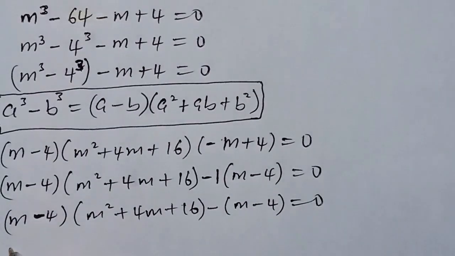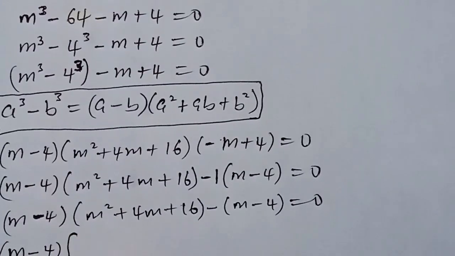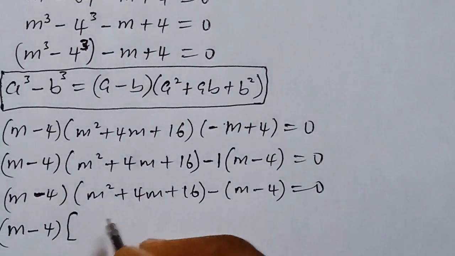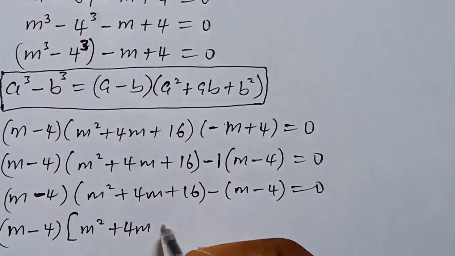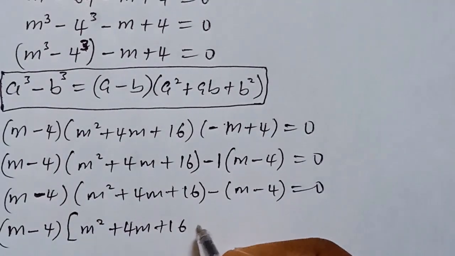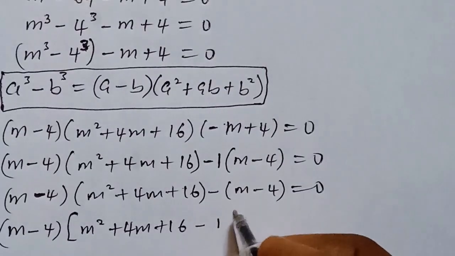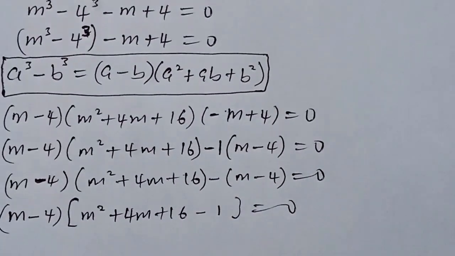So M minus 4 is common to both here and here. So we factor that out. We have M minus 4, then we have M squared plus 4M plus 16 minus 1 equal to 0.